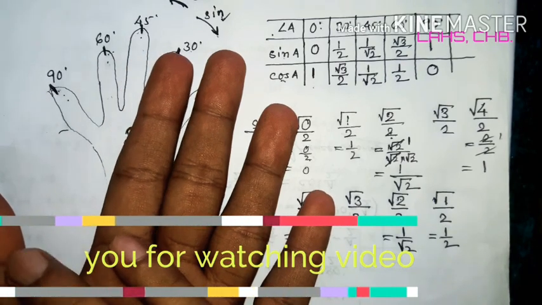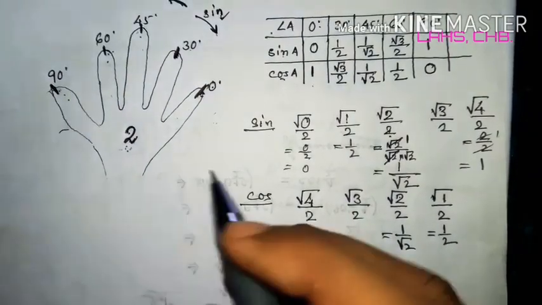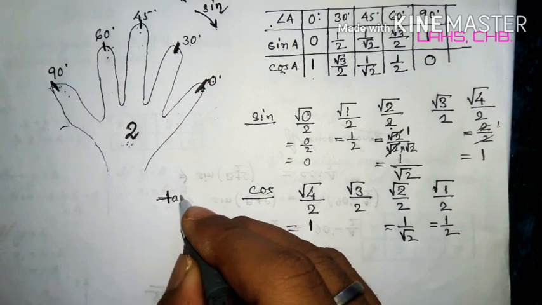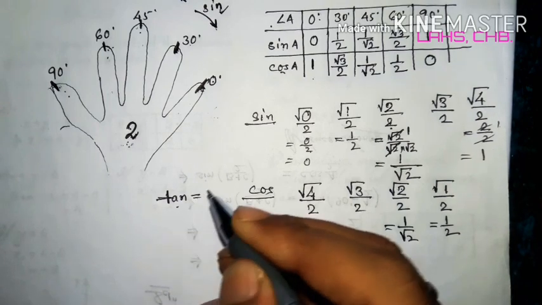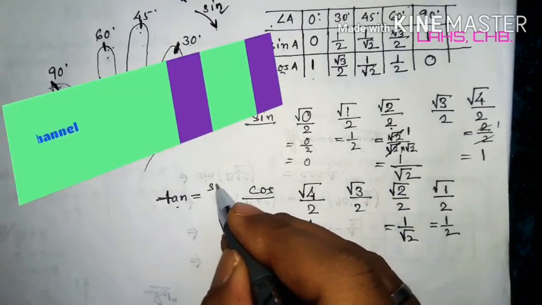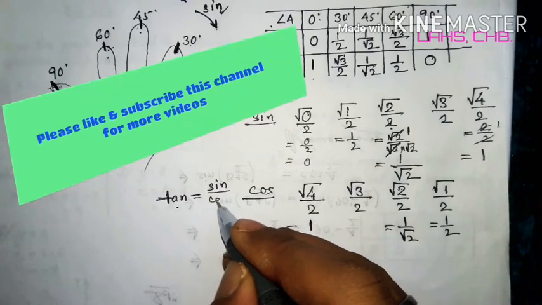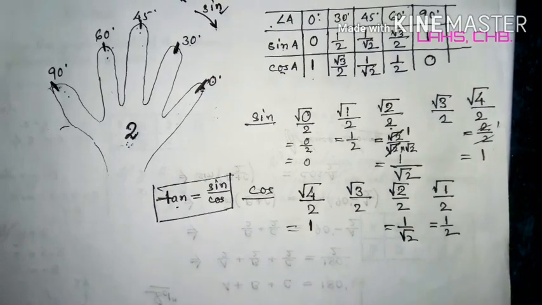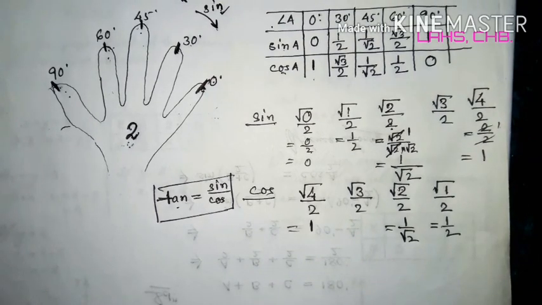Just by dividing sine ratio by cos. In the last class I taught you, in order to obtain the different values of tan, we need to divide sine ratio by cos ratio. So in this way you can obtain the tan value. Hope you have understood. Please don't forget this method. It is very important and it is going to help you a lot.